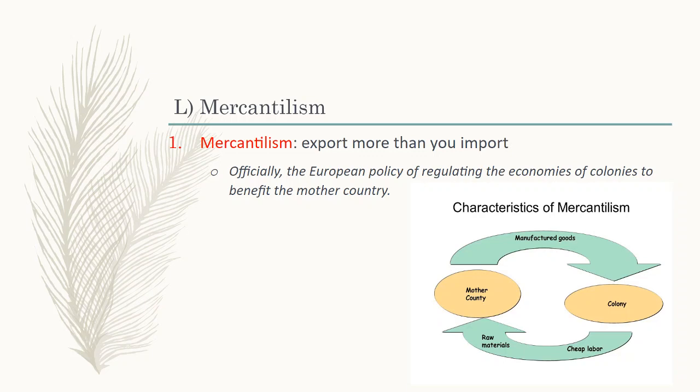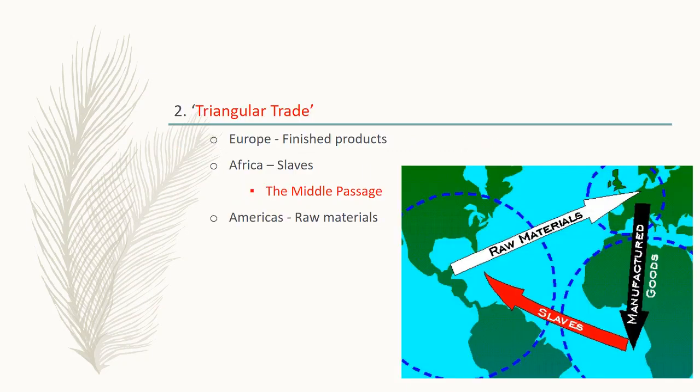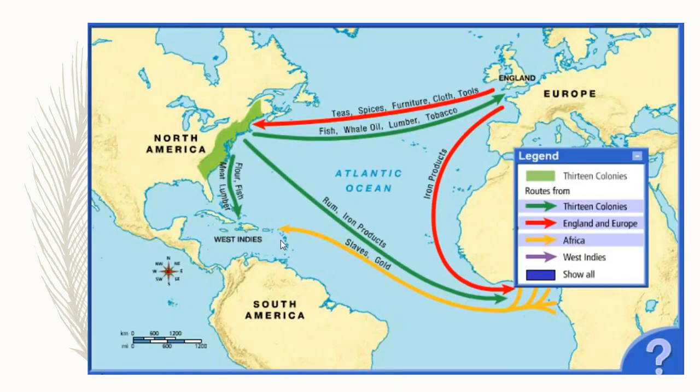Okay. So anyway, this gets us into that. And remember, we're talking about this triangular trade, which is actually more of a weird rectangle between the American colonies on the East Coast. You have Europe, you have the west coast of Africa, and then you also have the West Indies as well. And so here, let's go to the map.